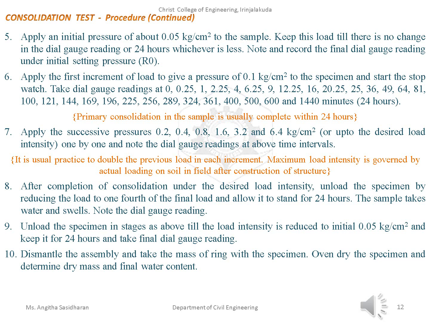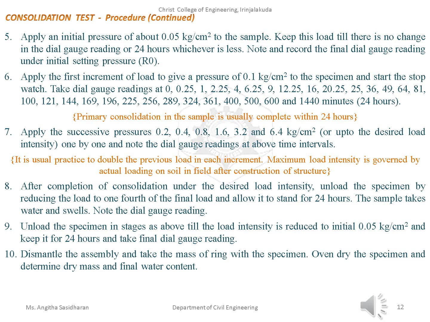We'll increase the pressure to 0.4 kg/cm², and measure the dial gauge readings at various time intervals. Like that, it goes up to either 6.4 kg/cm², or up to the desired load intensity that may happen at site. Up to that value, we'll continue this process.